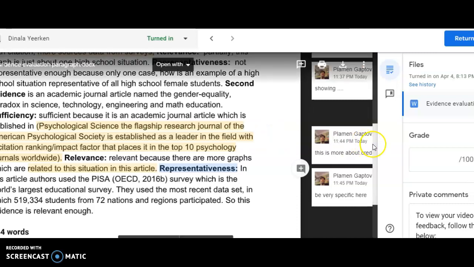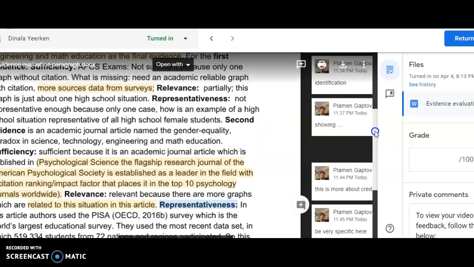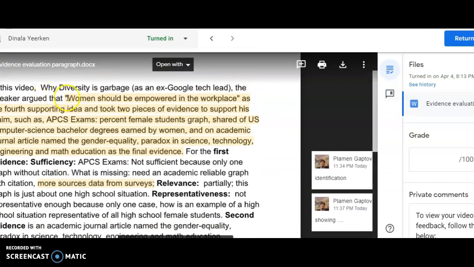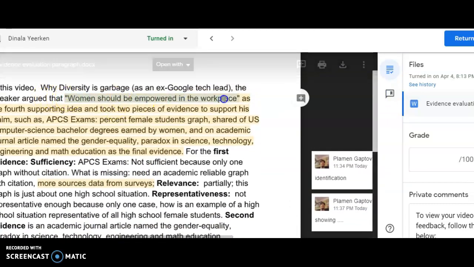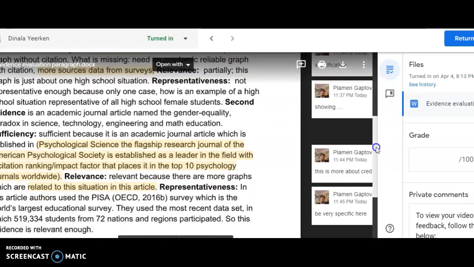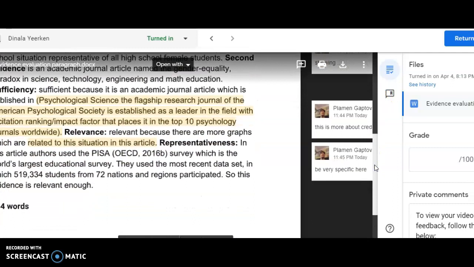Now again here, these are very good notes, by the way, but you do need to start with a more manageable supporting idea, and then some of this will go toward your identification paragraph, some of this will go into your evidence paragraph. So this is a very good first step.